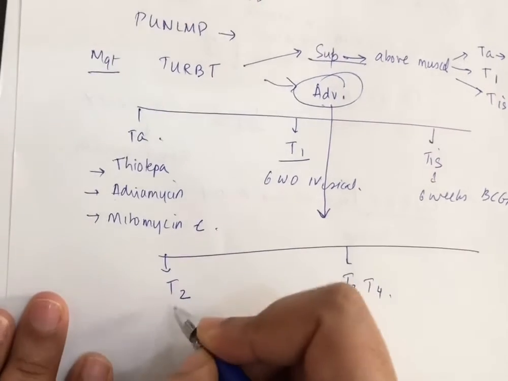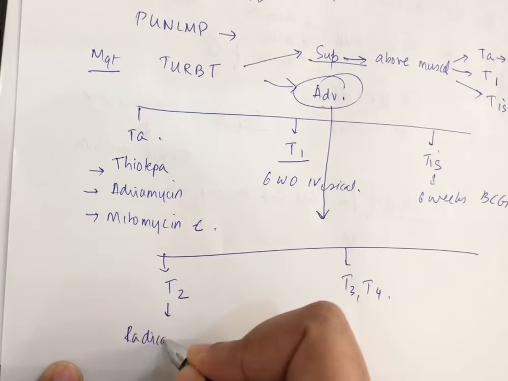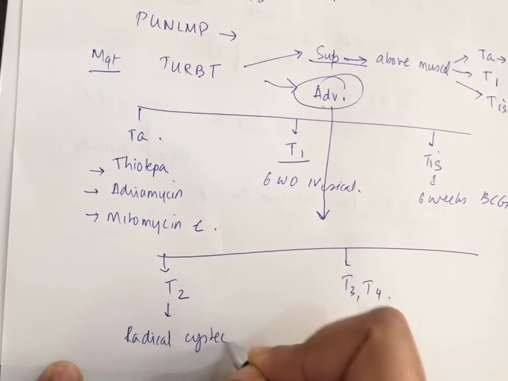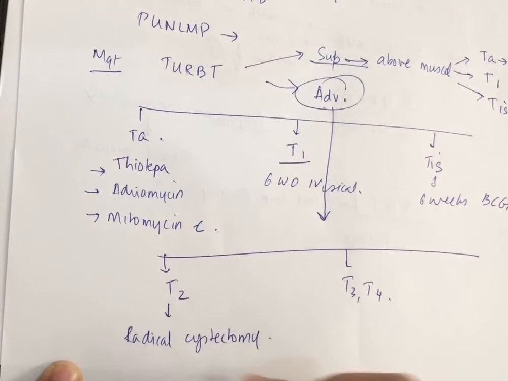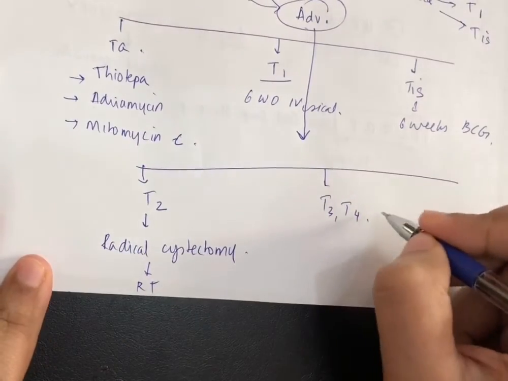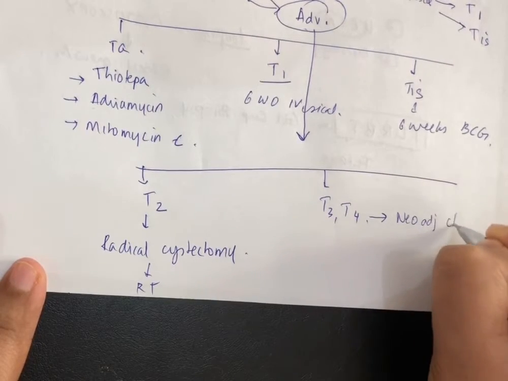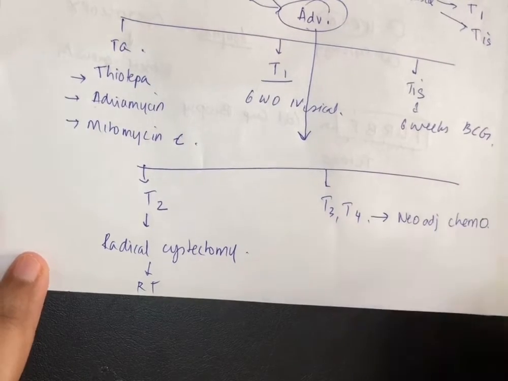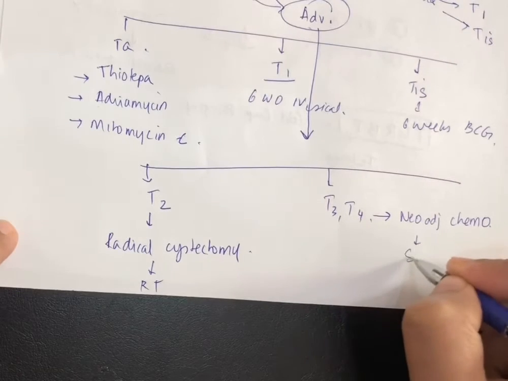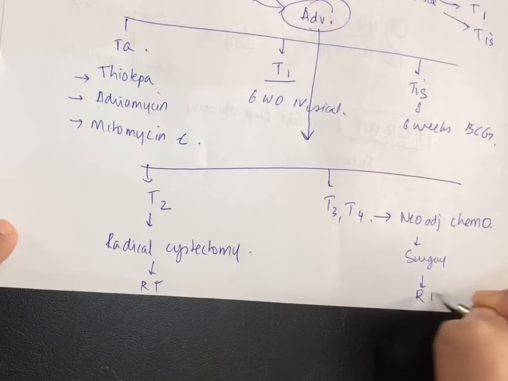For T2 you have to do a radical cystectomy, followed by radiotherapy. Then for T3 and T4, first you have to do neoadjuvant chemotherapy, followed by surgery, and then you have to do radiotherapy.